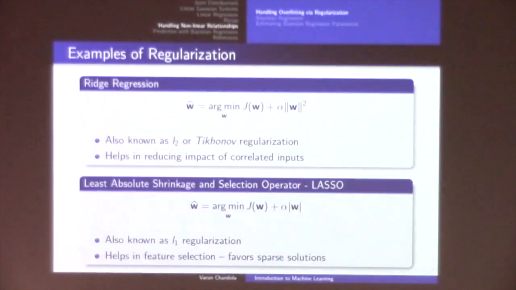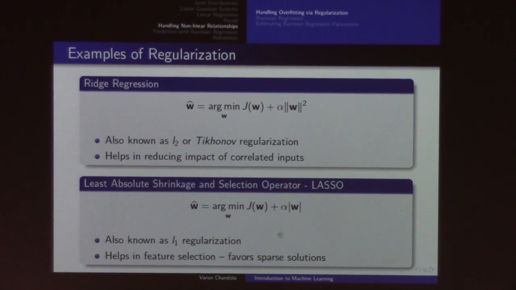Okay, so let's keep moving to our regularizer here. This L1 is also known as lasso. You would hear this term often. It stands for least absolute shrinkage and selection operator, and I'll tell you why it is so.